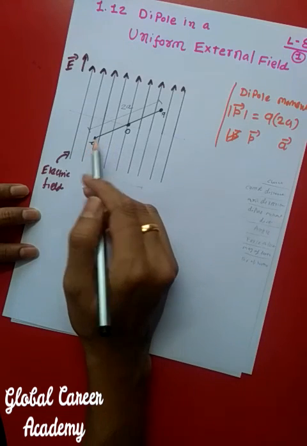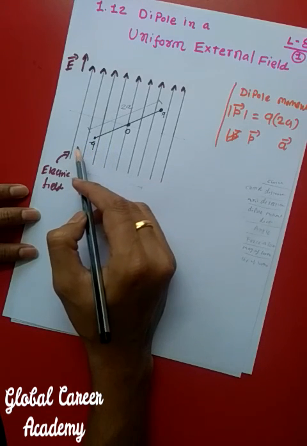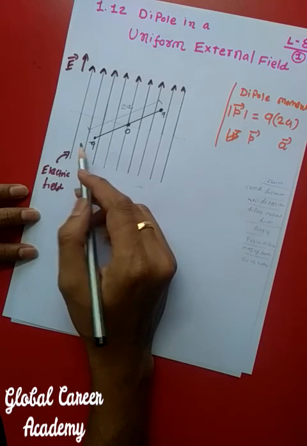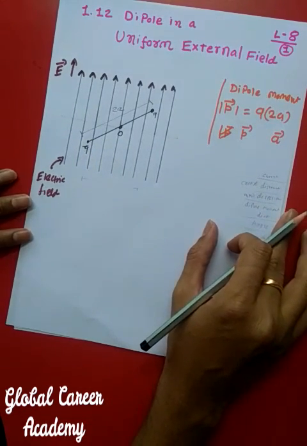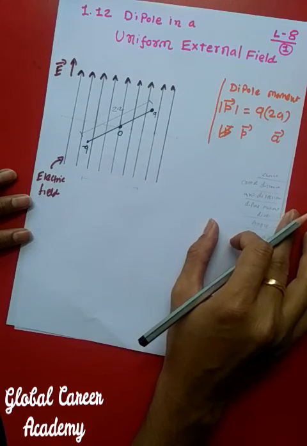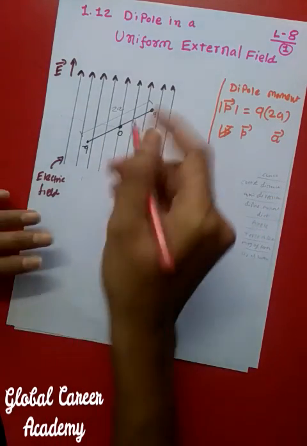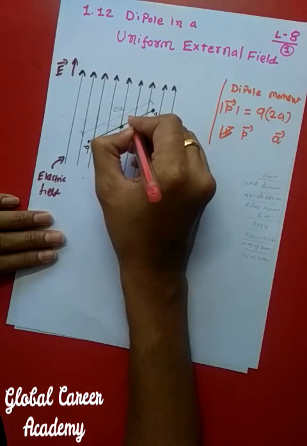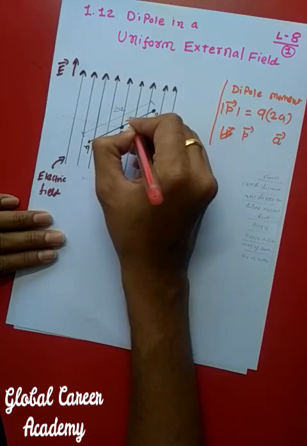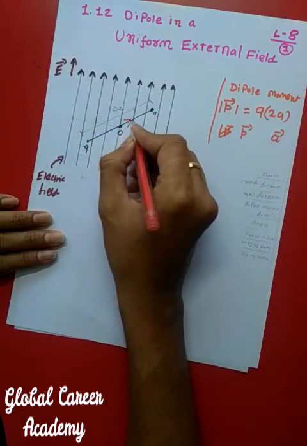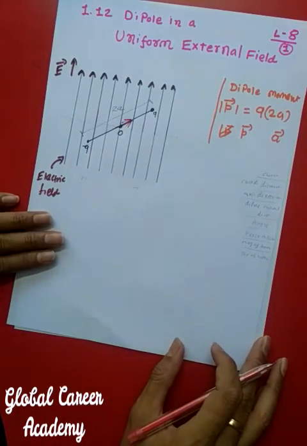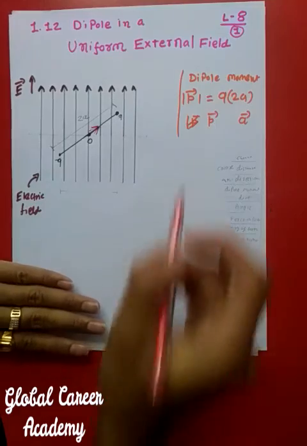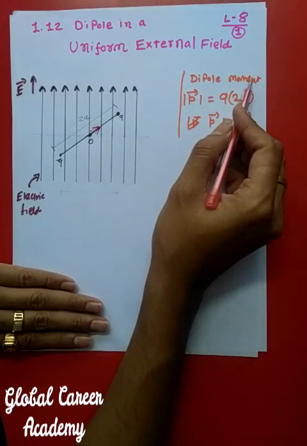The next thing you should show in a dipole is its direction. What we have studied, what should be the axis direction? It is always from minus q to plus q. So let us show the direction. So here is the direction. Minus q to plus q is the direction of the dipole, right? In our previous lecture we have also discussed the dipole moment.